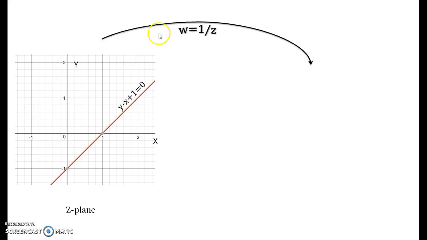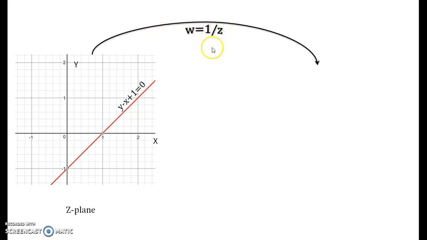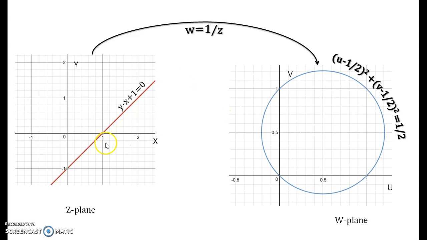And under the transformation w equals 1 by z, that straight line gets converted into this blue color circle that you see over here, which is u minus half the whole square plus v minus half the whole square equals half. That is what we got as the image of the straight line. Hence our problem is solved.